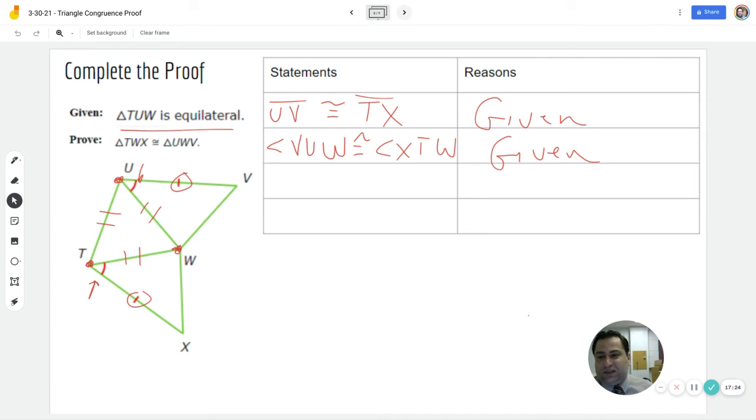And then from this, I don't really need TU, but the other sides are going to come in handy. So let's get those sides down. UW is congruent to TW. And that is by the definition of an equilateral triangle.